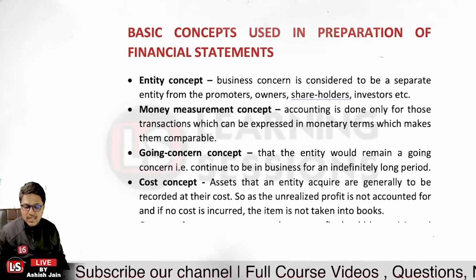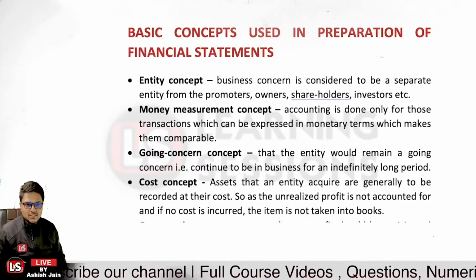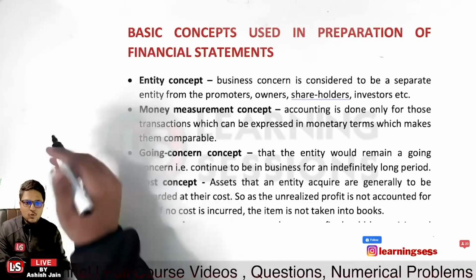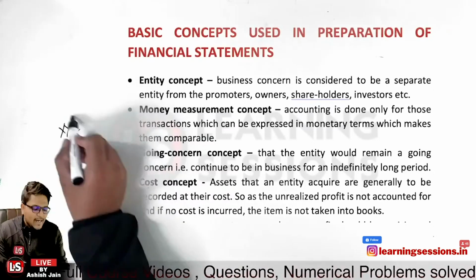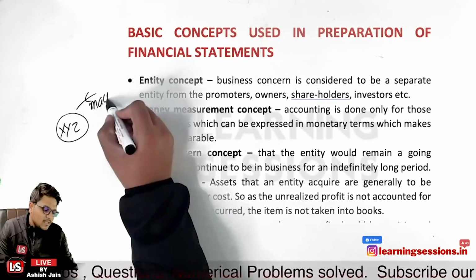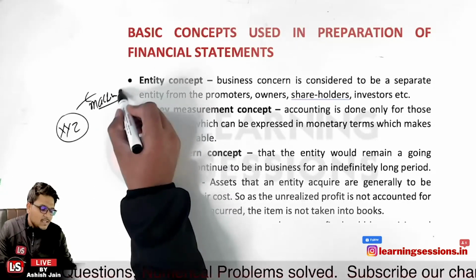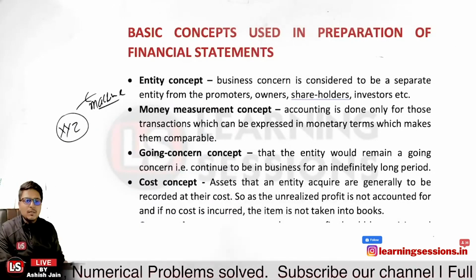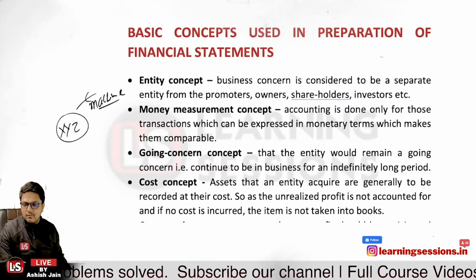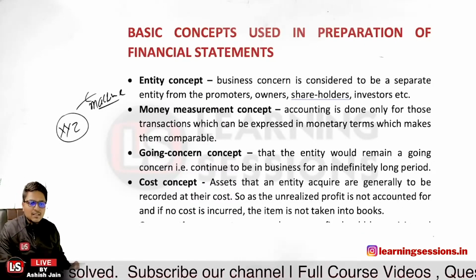The cost concept says that whatsoever assets will be acquired by the firm itself. If I consider the XYZ firm over here, and if I say that they have purchased machinery, in that case, what does it signify? That this particular asset will be basically recorded at what price? It will be recorded at its cost.